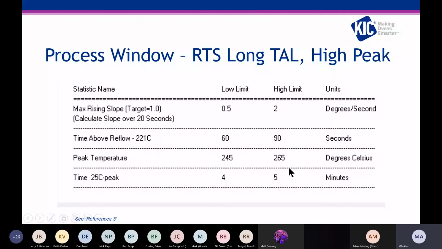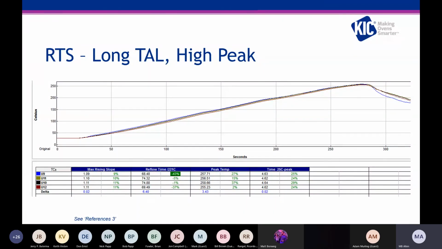But I've seen much more success with some of these higher temperatures, and I've seen a lot of people start to make that shift to looking at a higher temperature for peak. And that's what that graph looks like. You see it's very similar to the prior one, but we do have a higher peak temperature here, and thereby eliminating some of the voids, particularly on QFNs.